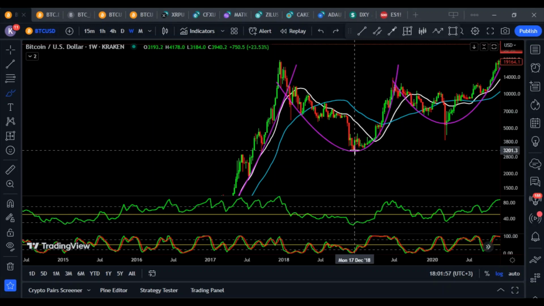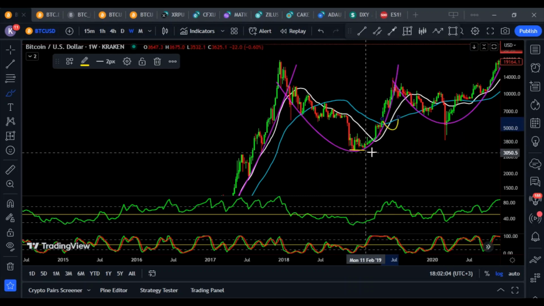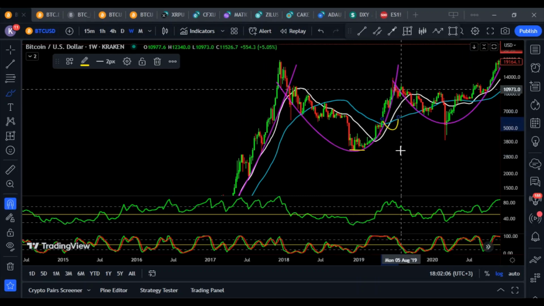So the theory here is still intact. The lowest price before the cross was never broken ever again.